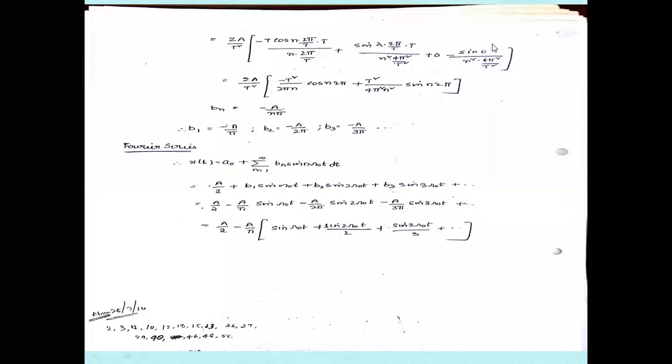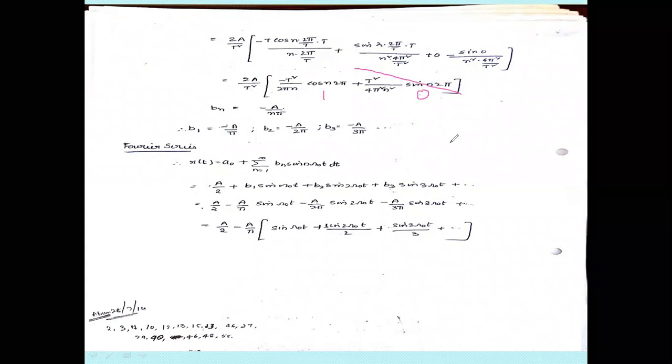So the last two terms become 0, and in the first two terms you can observe there is a sine 2 pi. That sine 2 pi is also 0 we know, and cos 2 pi is 1. So Bn is equal to 2A by T square minus T square by 2 pi n, and cos 2 pi is 1 and sine 2 pi is 0.